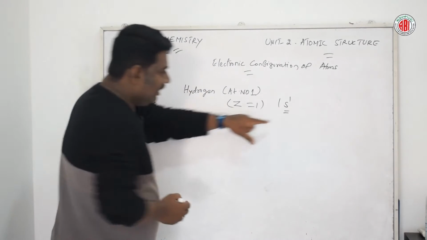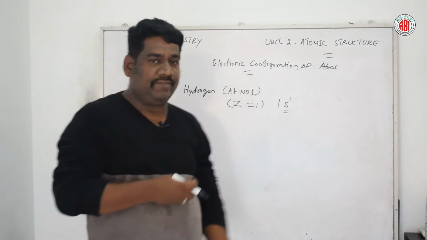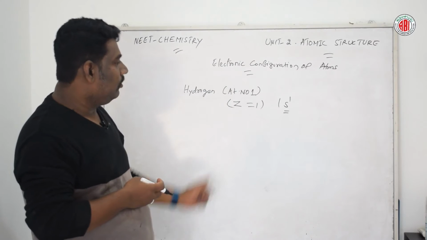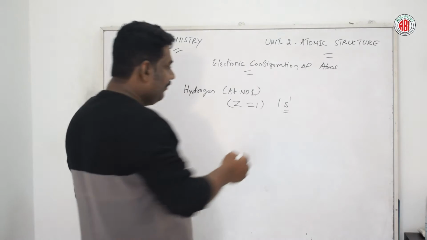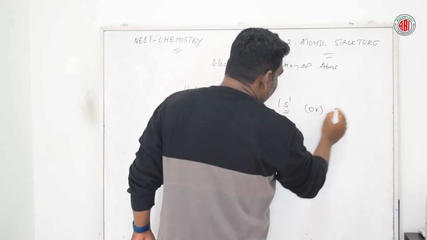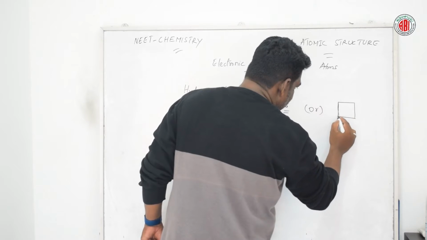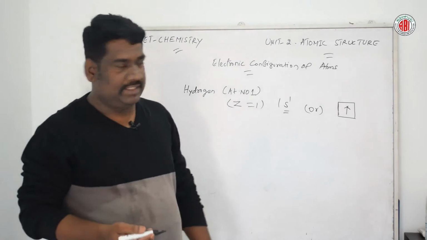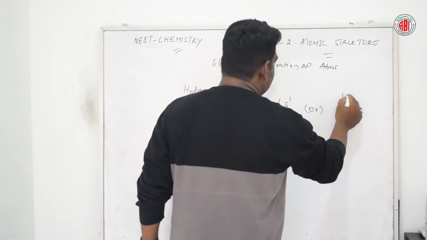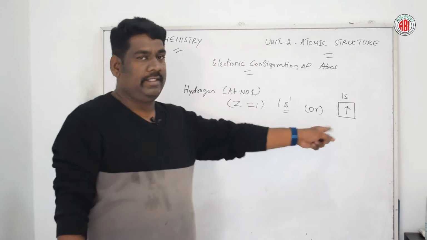In symbolic form, we show an arrow pointing upward in the 1s orbital. The number of electrons filled in this orbital is 1.